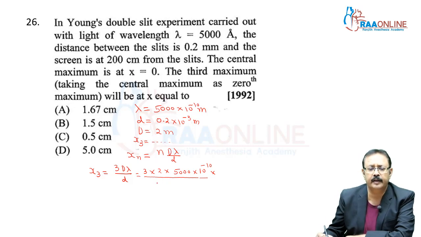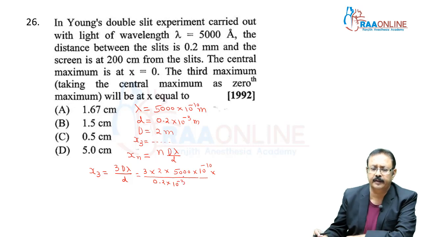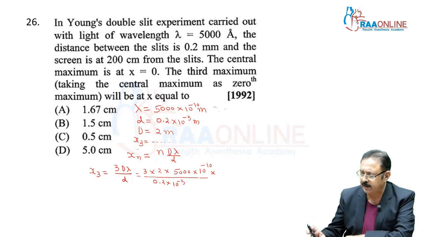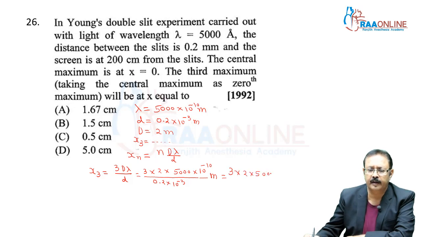What is d? 0.2 into 10 to the power minus 3. We are getting our answer in meters. So in centimeters, it should be multiplied by 100.